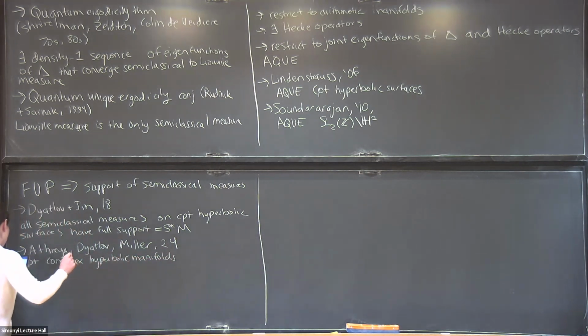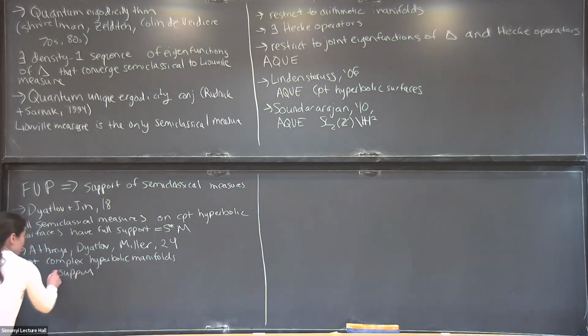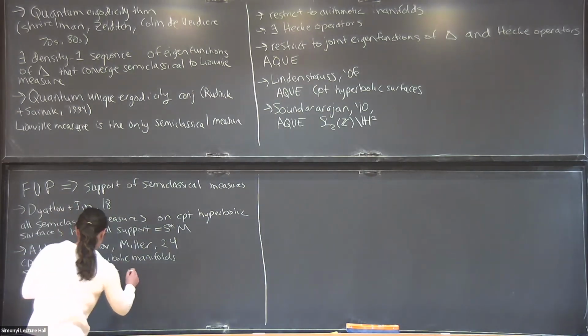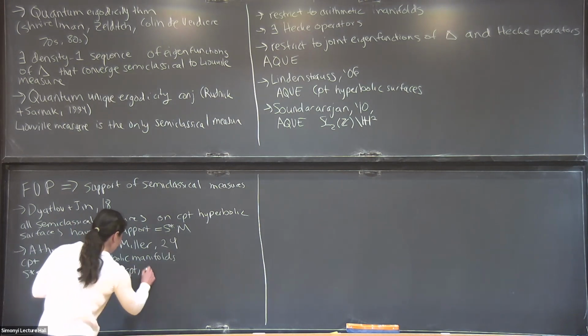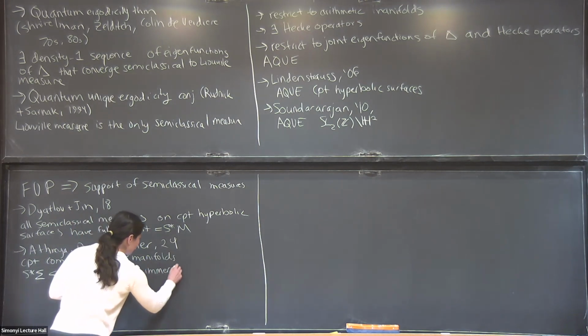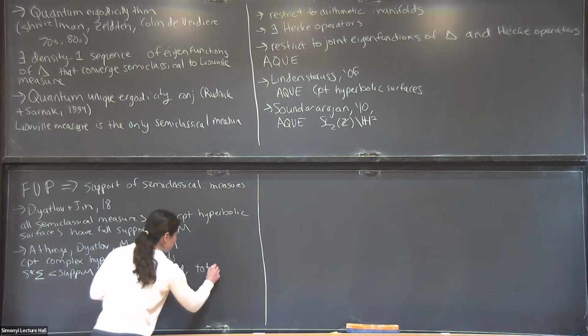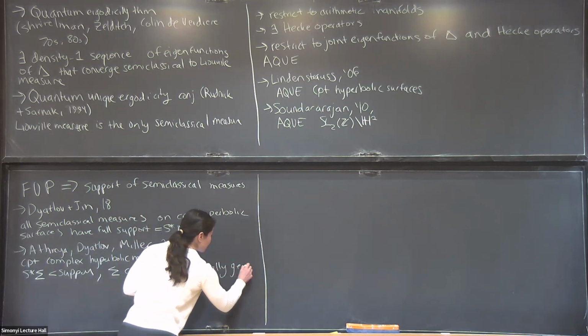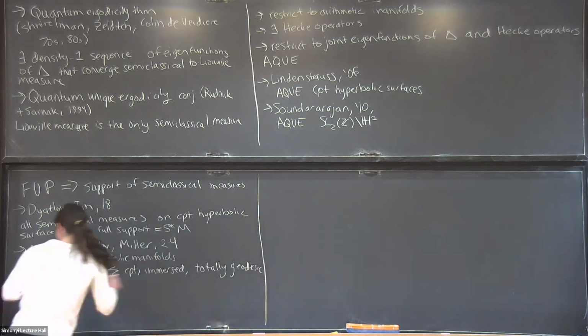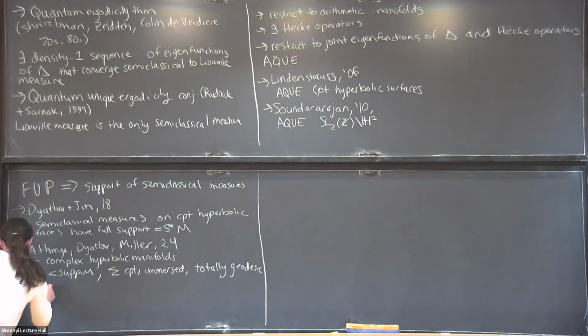And they showed that if you have a semiclassical measure mu, the support of your semiclassical measure needs to contain the cosphere bundle of some manifold sigma, where sigma is a compact, immersed, totally geodesic, complex submanifold.